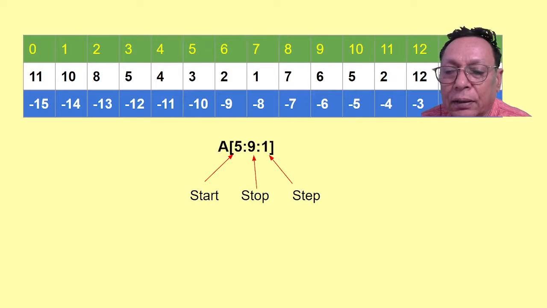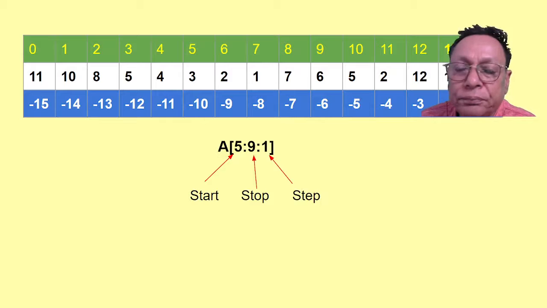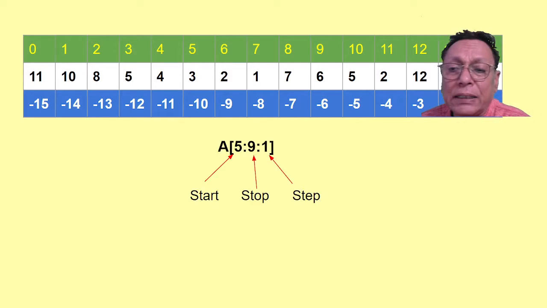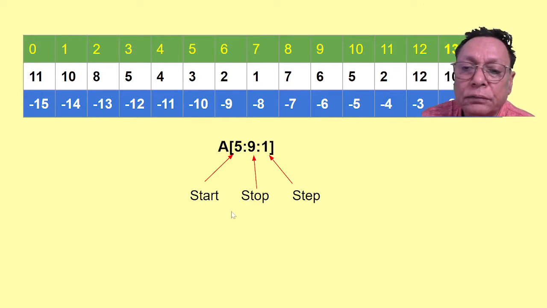If you do not give anything, it will take 1 by default. So 5 to 9 means you start from 5 and go up till stop minus 1, and the step is 1 only.